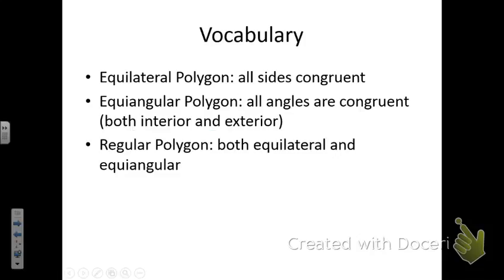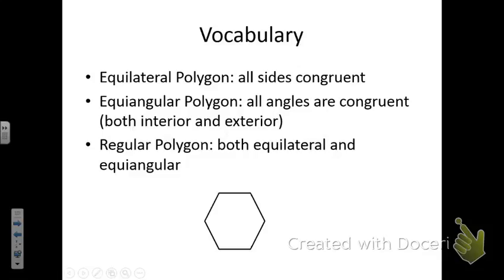So if I have a polygon that is both equiangular and equilateral, it is called regular. So when you see the term regular pentagon or regular octagon or regular quadrilateral, you know that it has all the same sides, all the same angles. If you look at your picture here, first of all, tell me what kind of polygon is that?